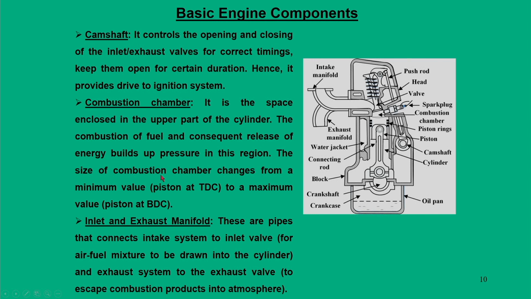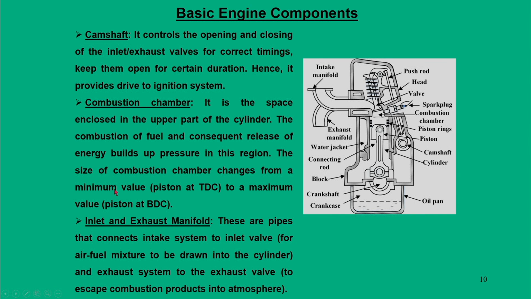Typically, the size of the combustion chamber changes from a minimum value to a maximum value. The size or space means the amount of mass that gets accumulated within the chamber, and that changes because of the piston movement. The minimum volume is acquired when the piston is at TDC, and the maximum value is acquired when the piston is at BDC.